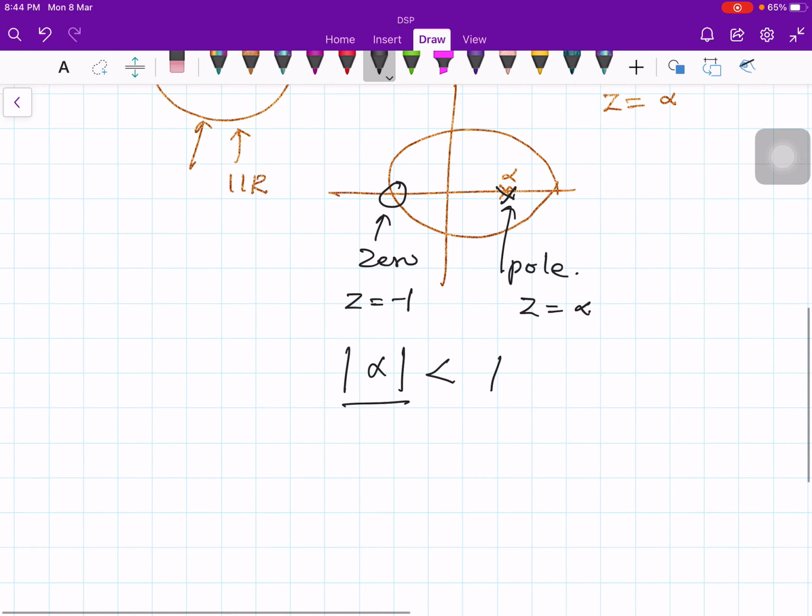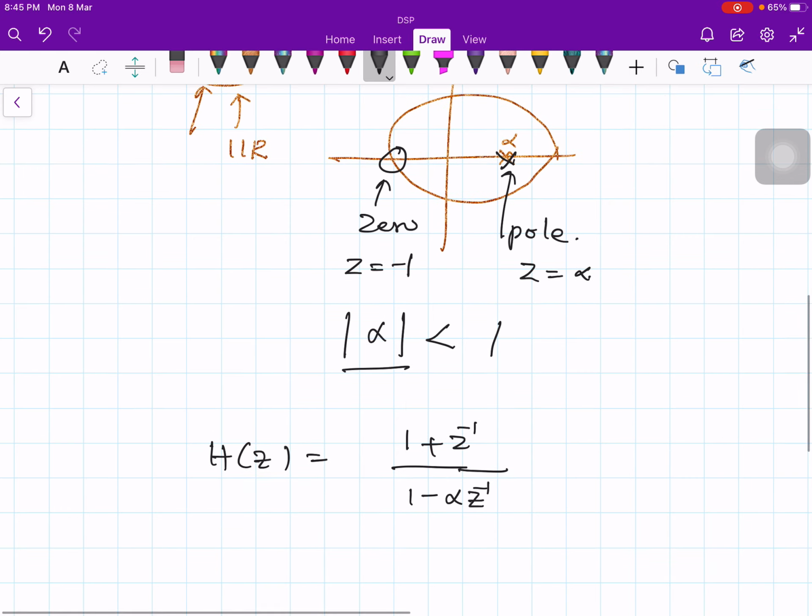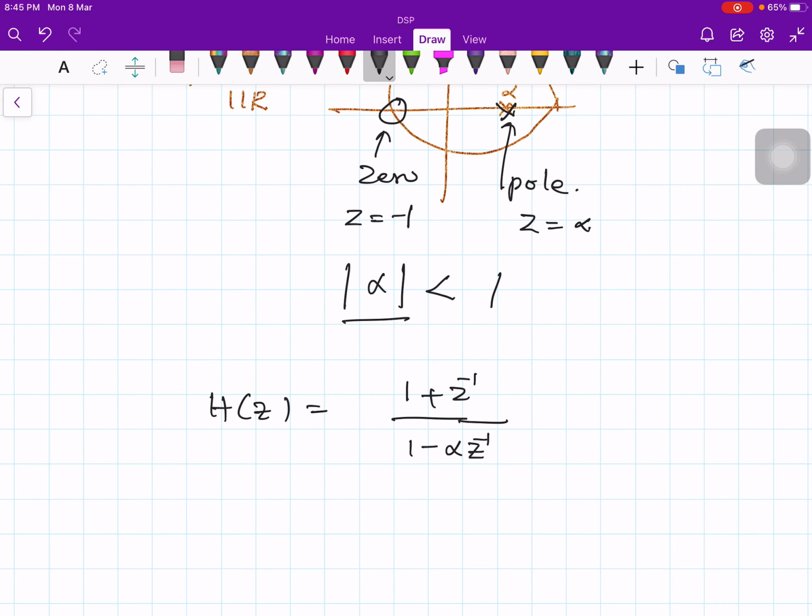Now my H of z is equal to 1 plus z inverse divided by 1 minus alpha times z inverse. Now I need to normalize the filter. That means we normalize the DC response to unity. What does it mean?